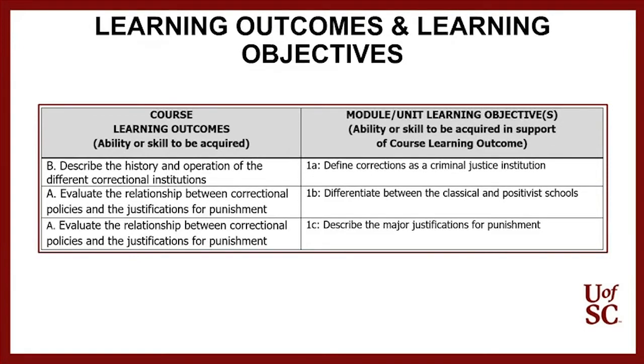This slide talks about learning outcomes and learning objectives. The revised Bloom's taxonomy, which is an attached document in your document area, provides the framework for writing course level learning outcomes and even module level learning objectives.